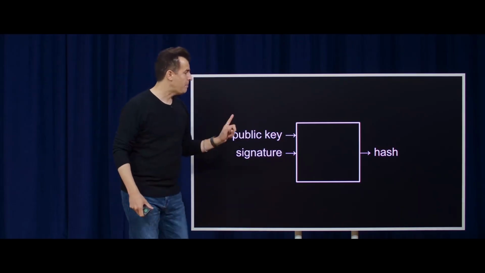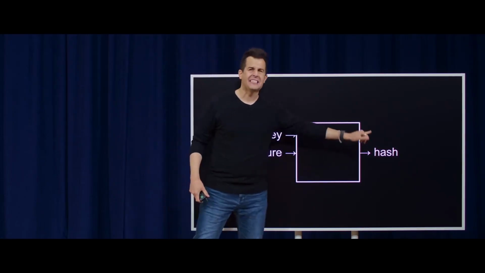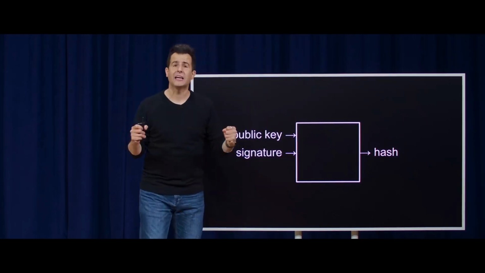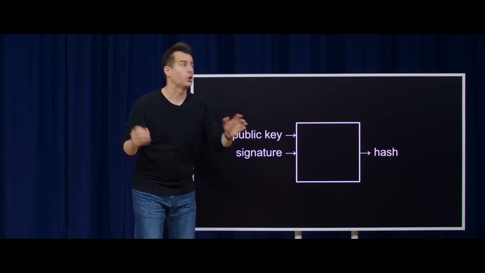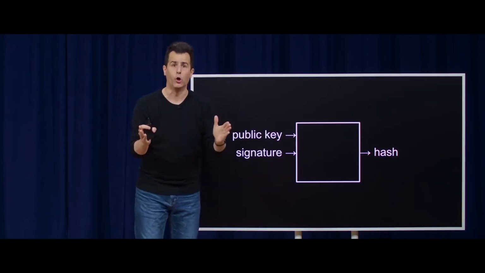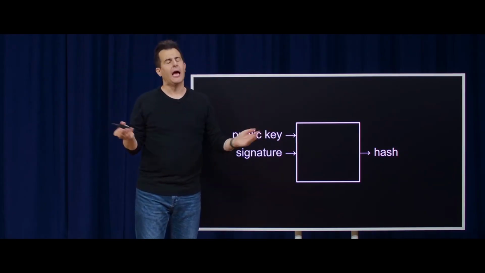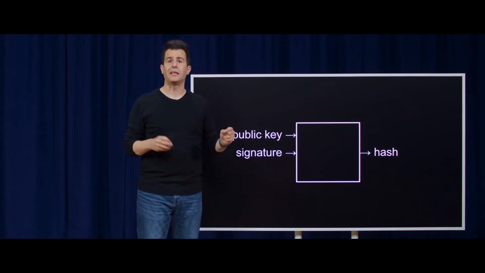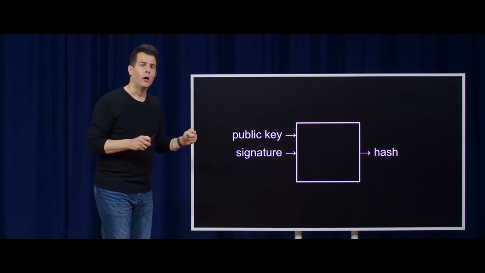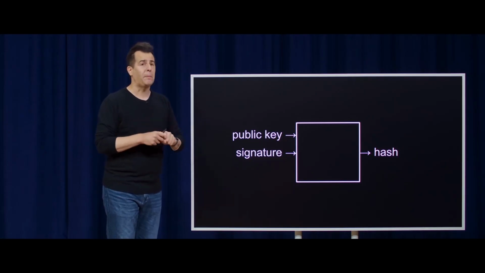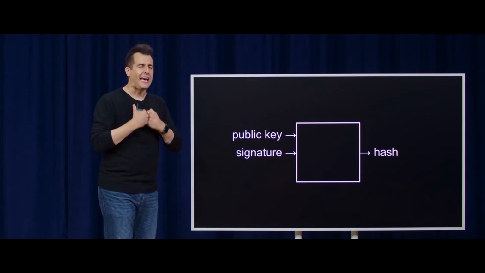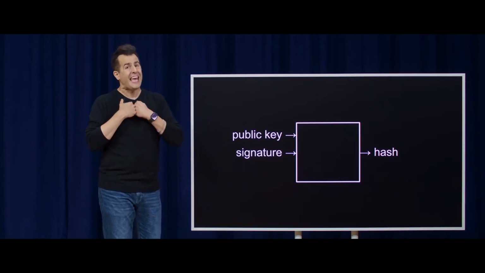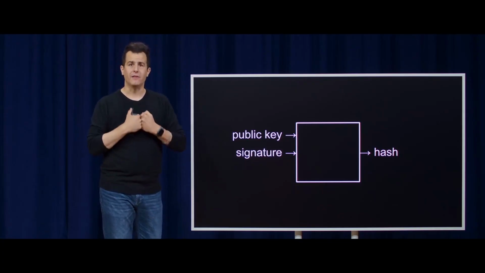So if the recipient mathematically gets the exact same hash after decrypting what you sent them, it must be the case mathematically that the only person in the world who could have signed this document is in fact you, because they have your public key. And maybe some third party, some registry, some company has said, yes, that is David Malin's public key. You can trust that. And so if David Malin's private key has not been compromised, you can trust that any signature that you can decrypt with my public key must have been encrypted with my private key.